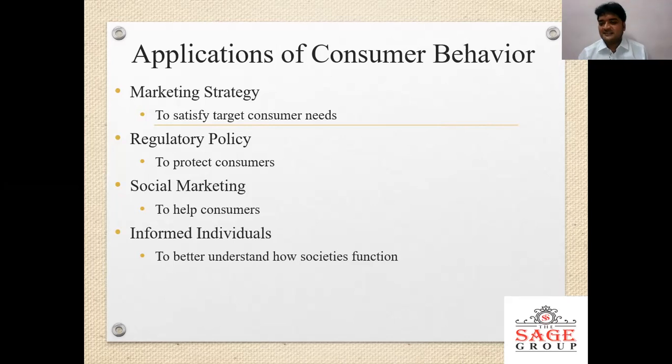The third thing is social marketing. These are the applications related to consumer behavior. If you have done a study about consumer behavior, after the study you can apply your study, your experience, your knowledge in terms of applications. So the third thing is social marketing. Social marketing means you are helping the customers.